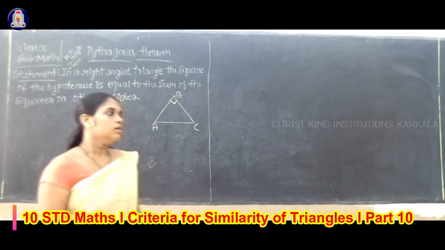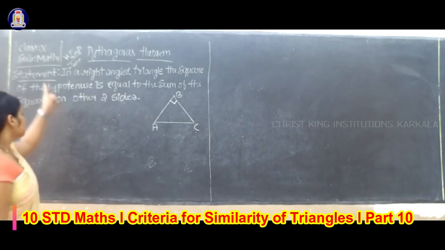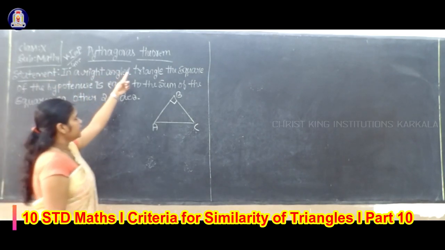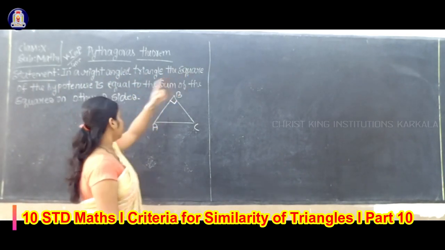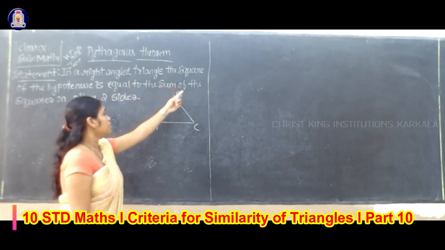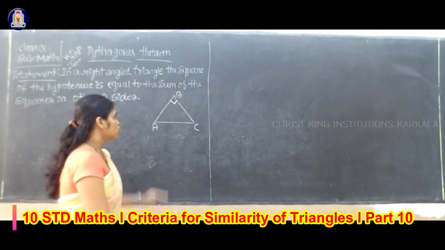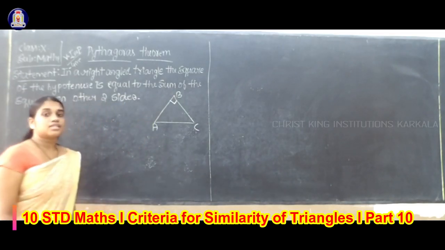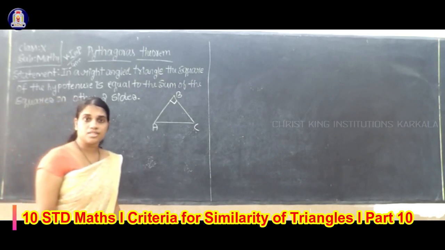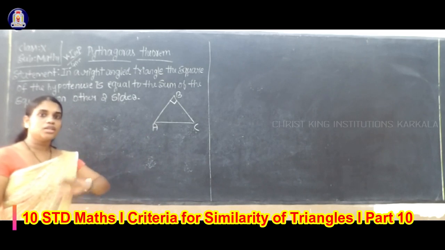First we see the statement of this theorem. Statement: in a right angled triangle, the square of the hypotenuse is equal to the sum of the squares on the other 2 sides.